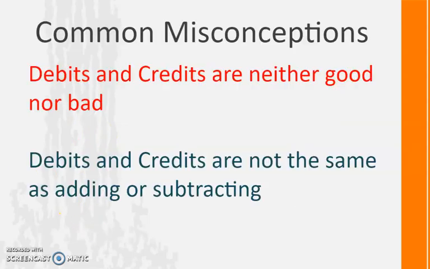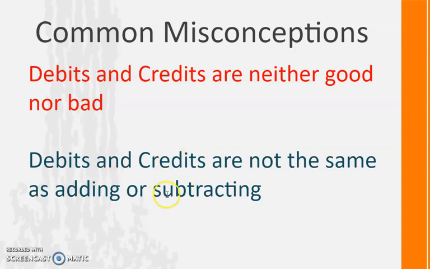So that's why I say this misconception of adding and subtracting doesn't work, because debits are not always adding to an account. And they're also not always subtracting from an account. And credits don't always add to an account or subtract from an account.